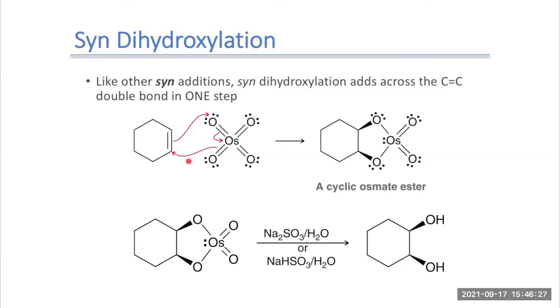And so what happens with the osmium tetroxide is the osmium has its two oxygens coordinate with the double bond. So you create a cyclic osmate ester. That then gets reduced and taken off with our sodium sulfite and water. And so we end up with our syn diol.